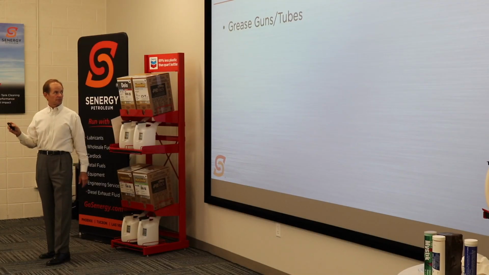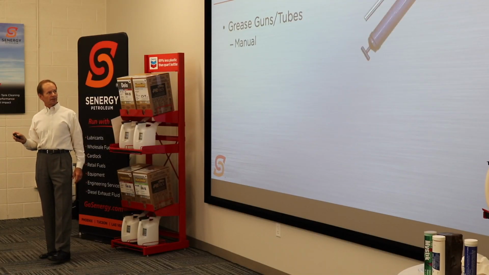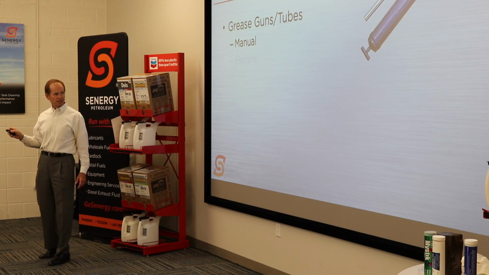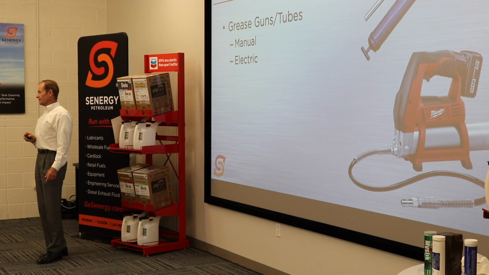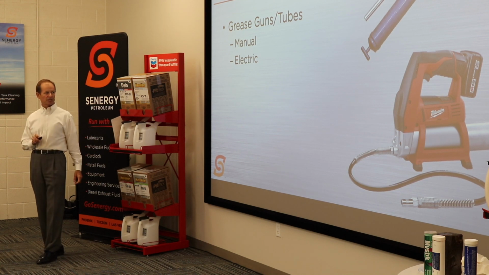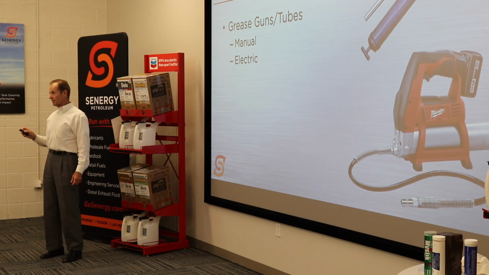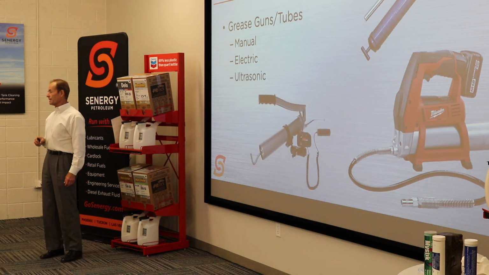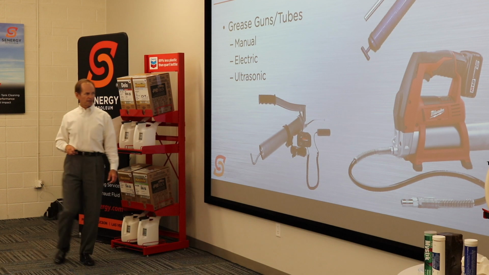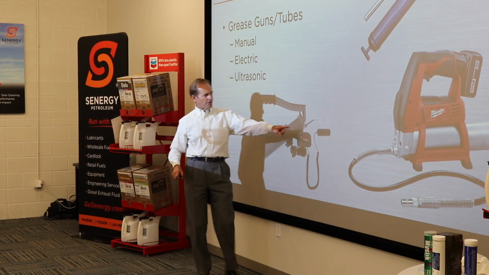All right, I've got a few slides on dispensing grease. Grease guns, everybody's familiar with manual grease guns. A lot of guys in industrial plants like these electric ones, which makes life a lot easier. If you really like to go as high-tech as you can get, get yourself an ultrasonic one. These ultrasonic units have a rare earth magnet on the end.